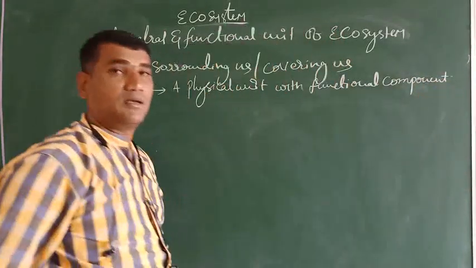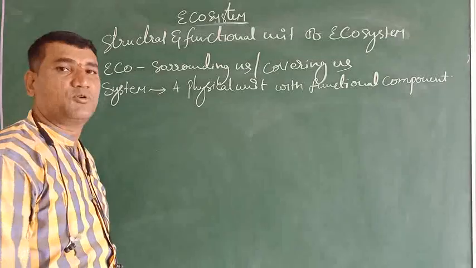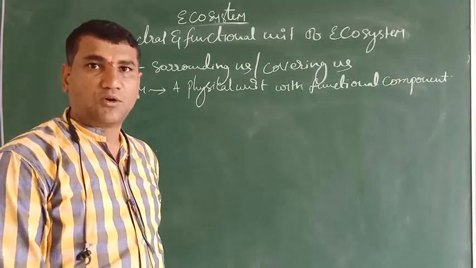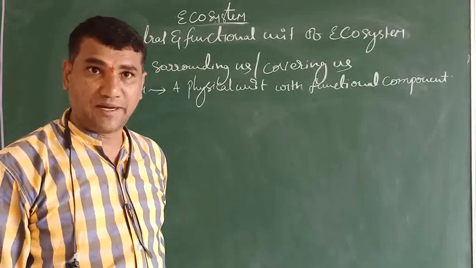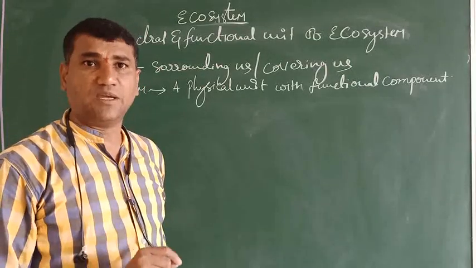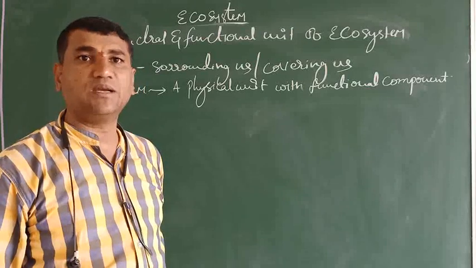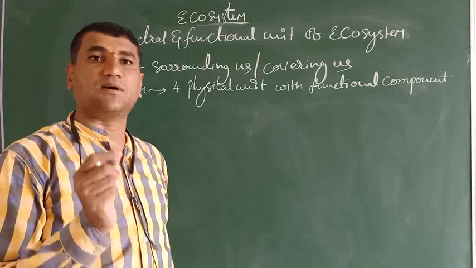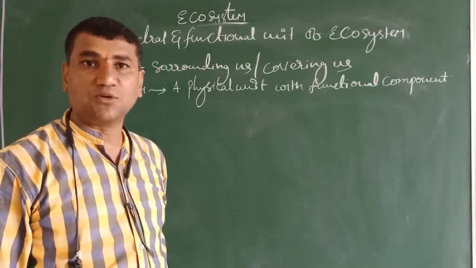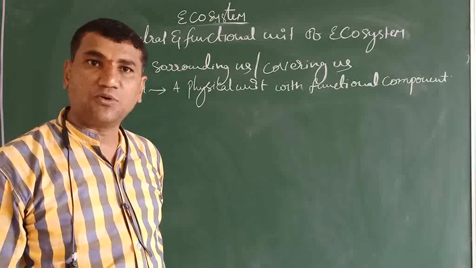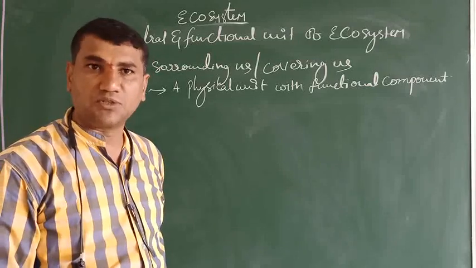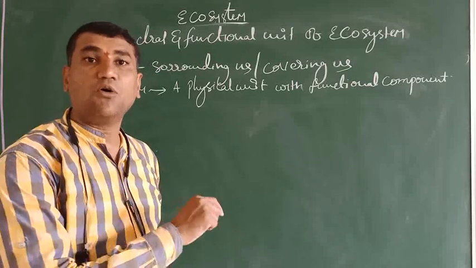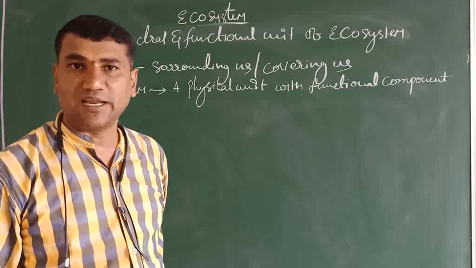So in the ecosystem we have discussed the structural unit: what the different components of the ecosystem are, how the ecosystem is divided, what the smallest unit of the ecosystem is, which is the biggest unit and what it is called, why the biggest unit, the biosphere, is called a global ecosystem, what the man-made ecosystems are, what a terrestrial ecosystem is, what the definition of ecosystem is, and how the interactions take place.